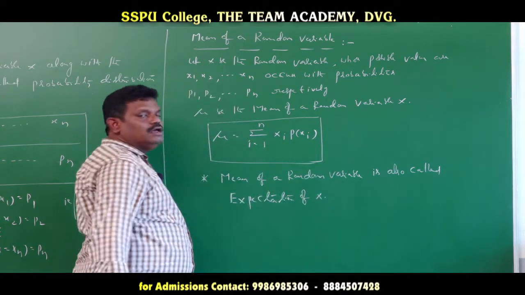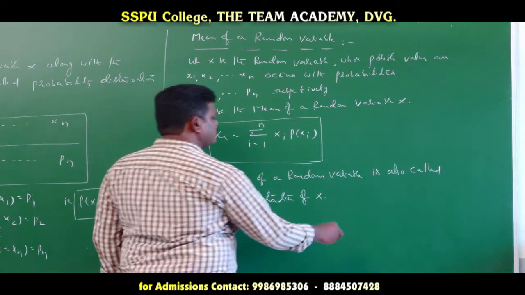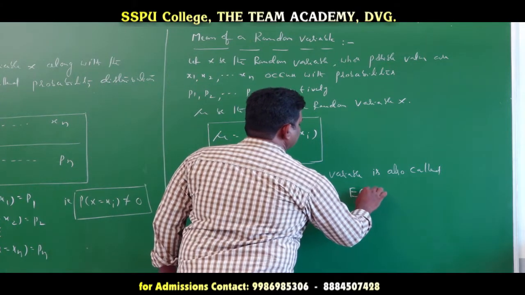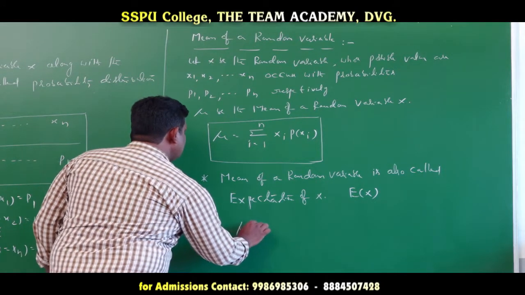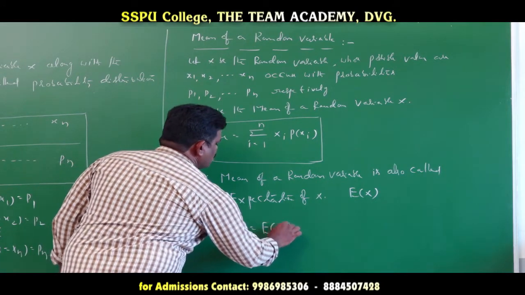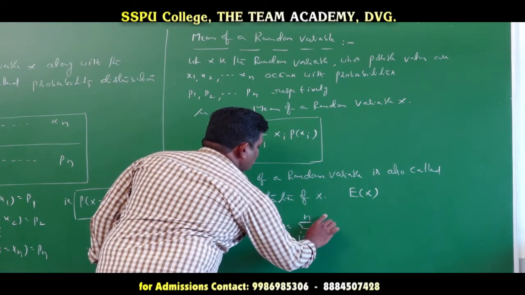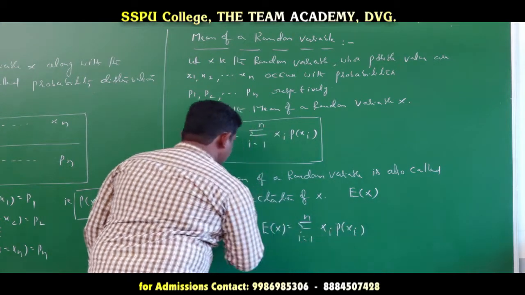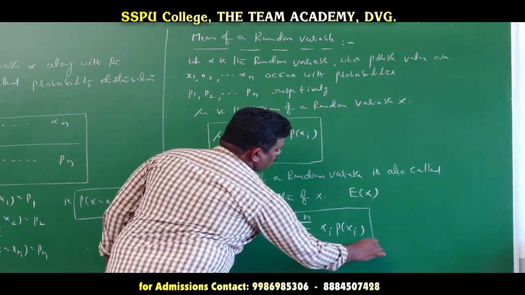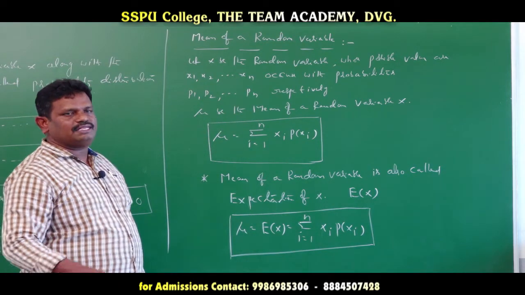How do we define this expectation of x? This value is denoted E of x, and mu is equal to the expectation of x, which is equal to the sum from i equals 1 to n of xi into the probability of xi. This is the mean or expectation of the given random variable x.